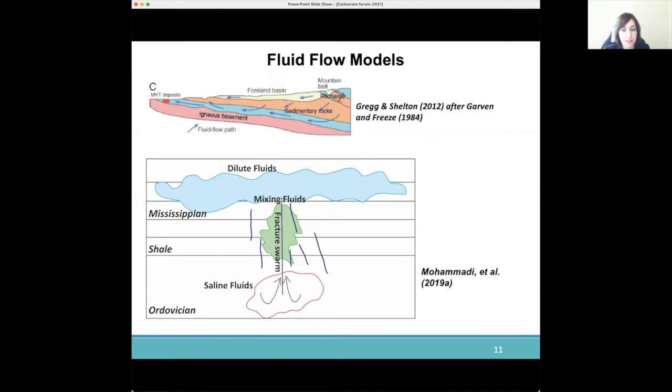Some of these fluids, in some locations such as Oklahoma, move up along faults and fractures and interact with the rocks along their pathways and mix with dilute resident fluids, possibly originating from Mississippian seawater, as shown in the second figure.